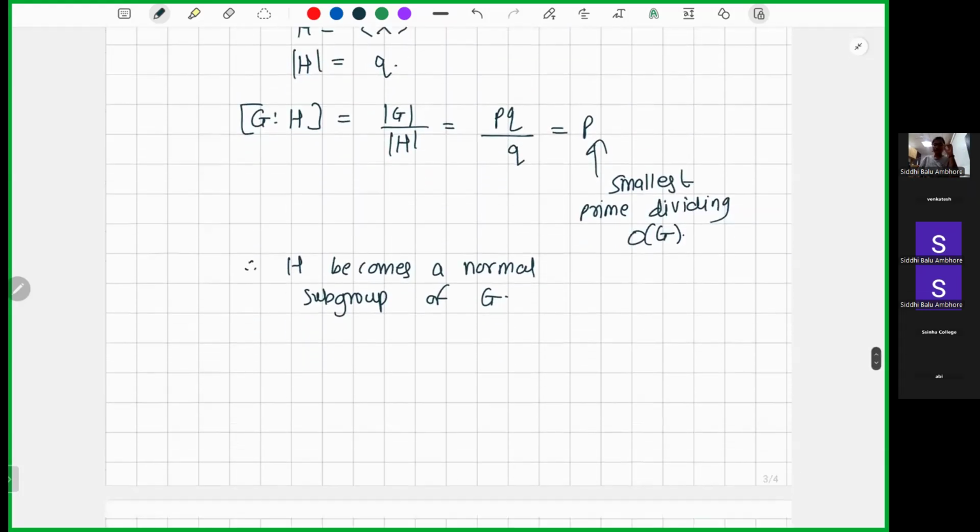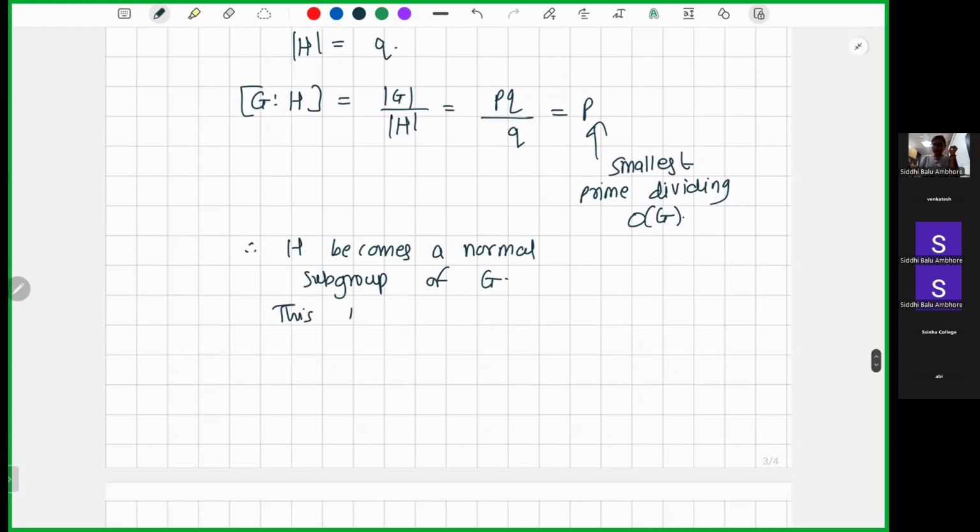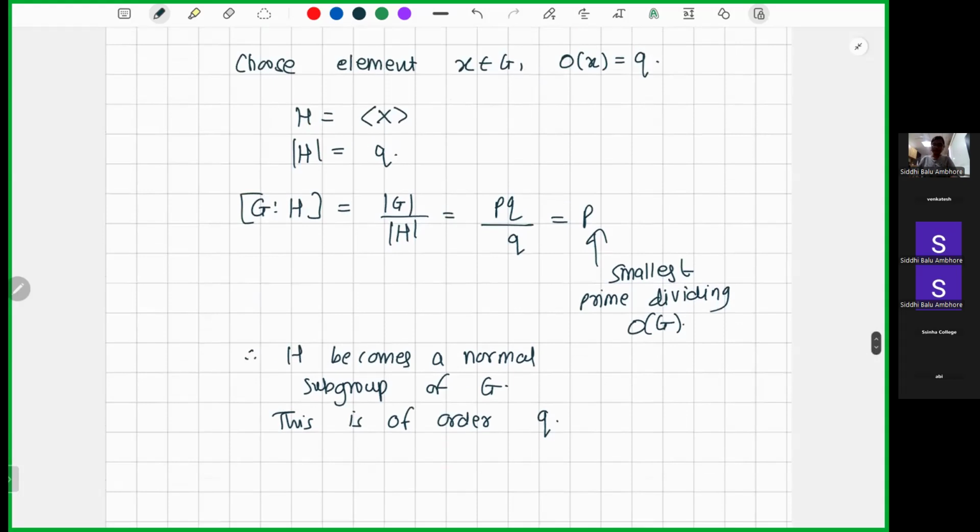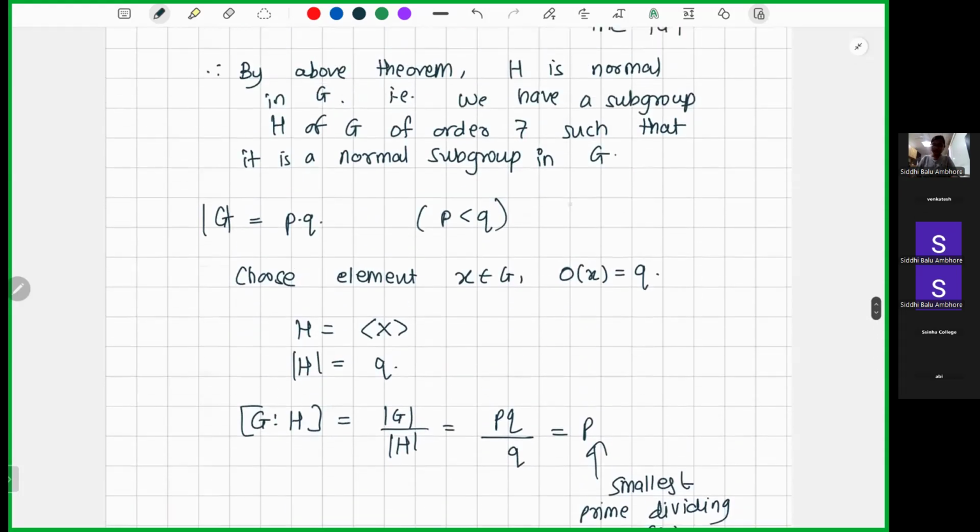And in fact, this is of order Q. So for any group G of order PQ, where P and Q are primes, so let me write here that P and Q are primes.